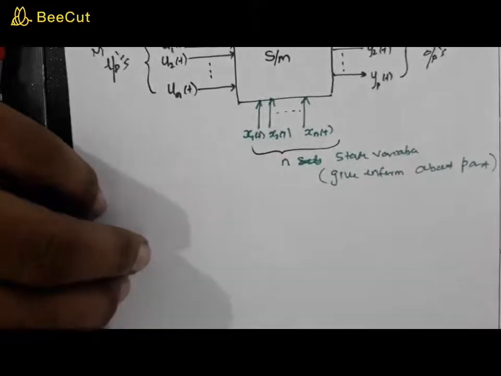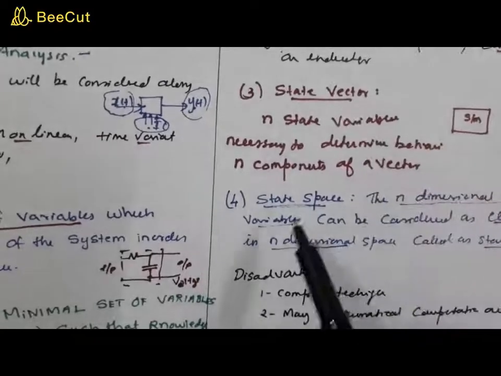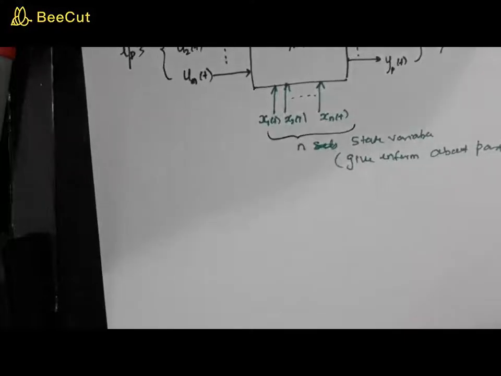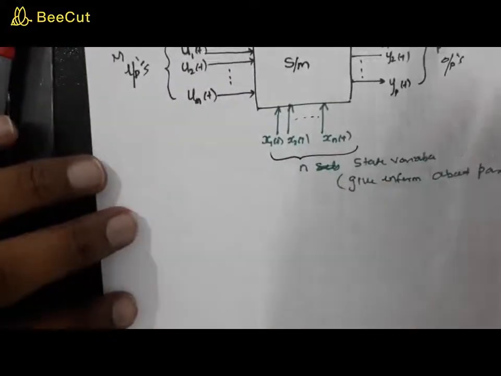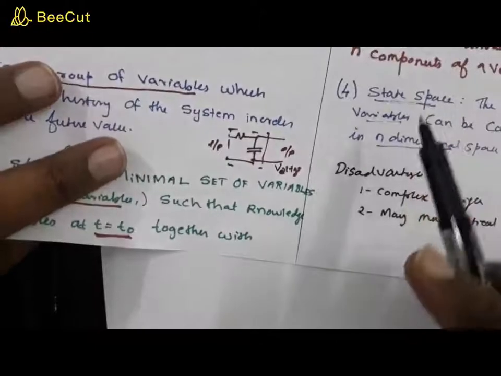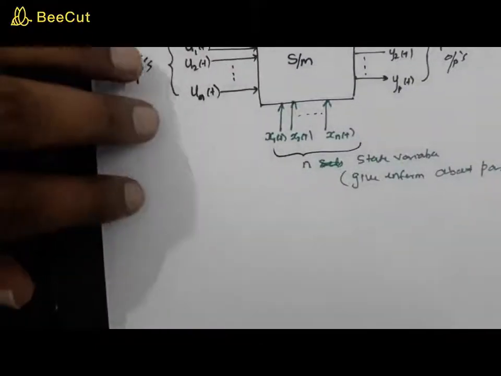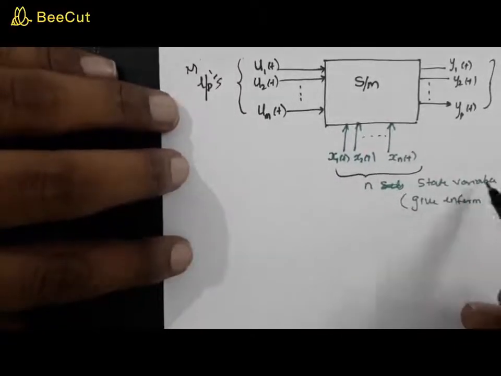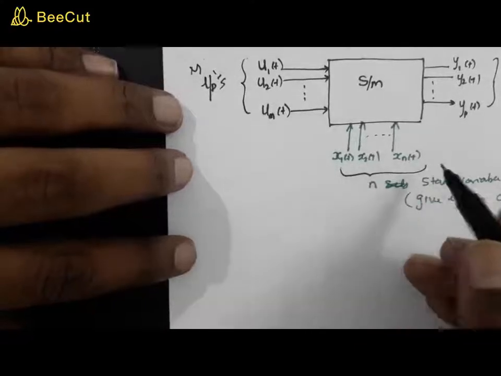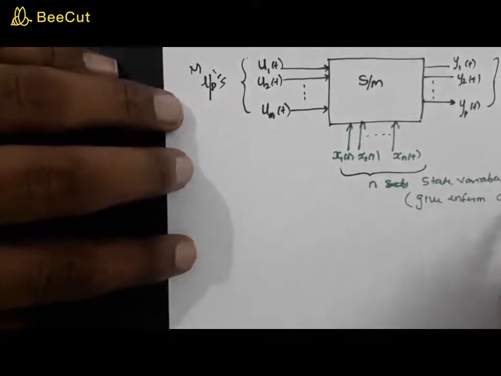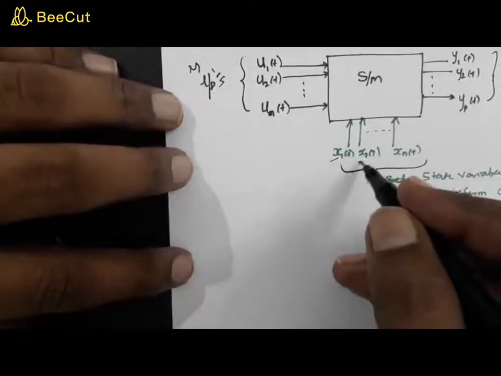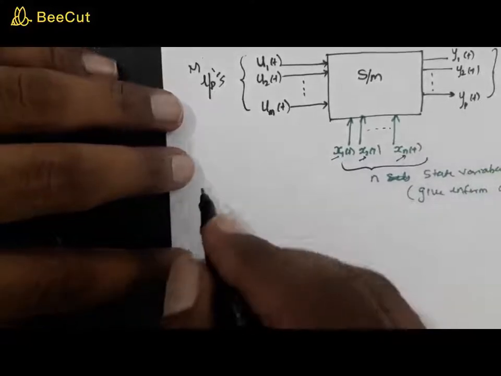Now let me explain again. We have already seen state vector, state space and state variable, and I'll give you an idea about them again. In this system, you have n state variables, which talk about the past of the system. So x1 of t, x2 of t up to xn of t are the state variables.